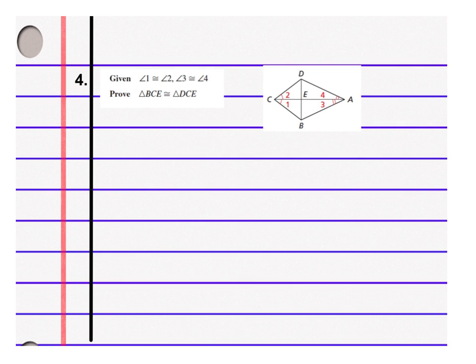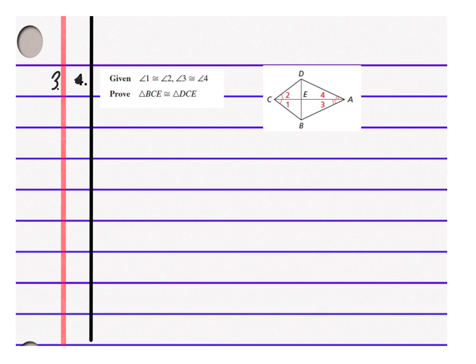Okay, we're going to skip problem 3, and we're going to make this problem 3. So write down the given, the prove, the diagram. So we're trying to prove the triangle BCE, sort of this green triangle, is congruent to DCE, this yellow one.